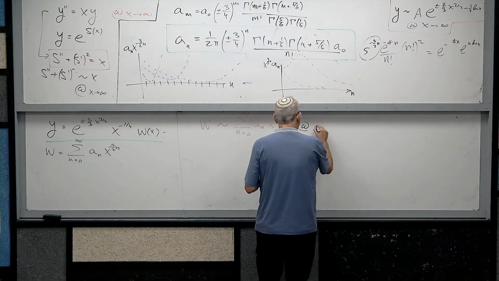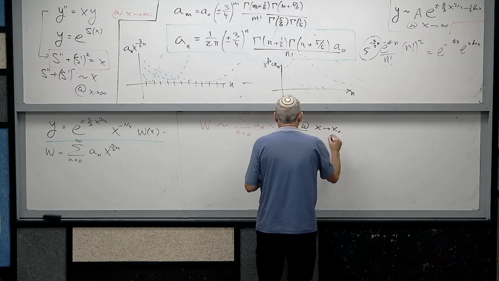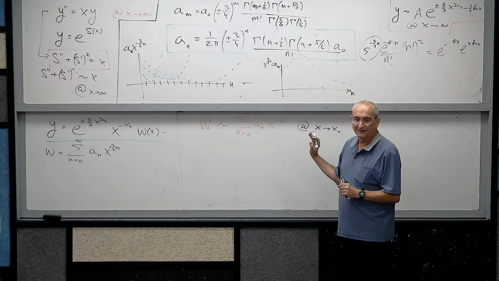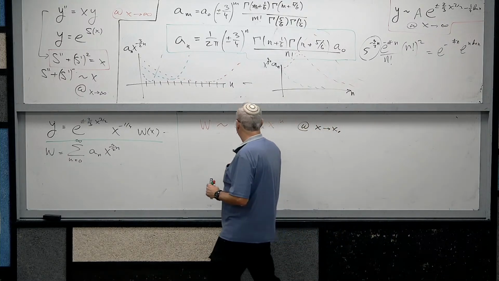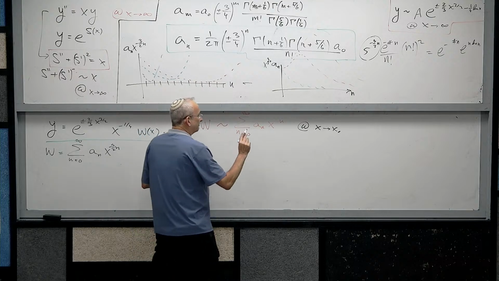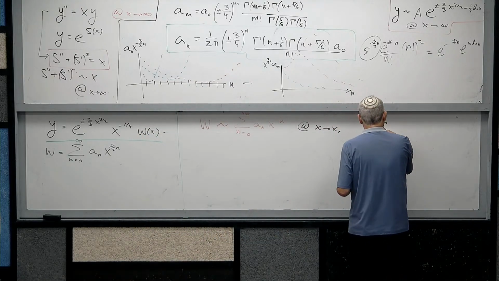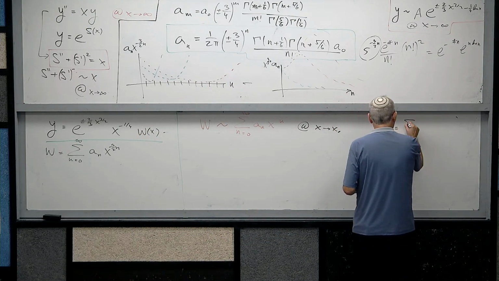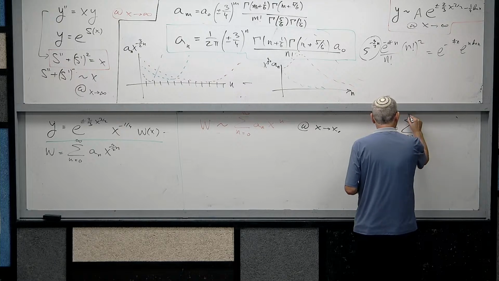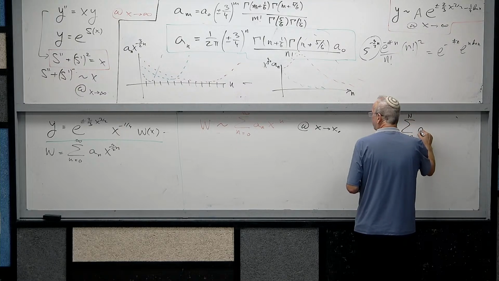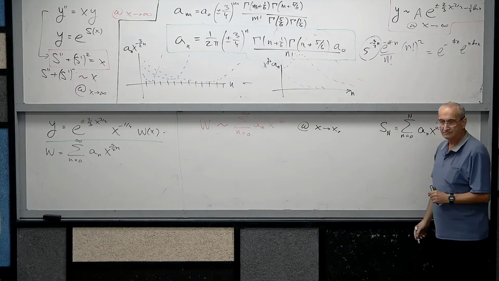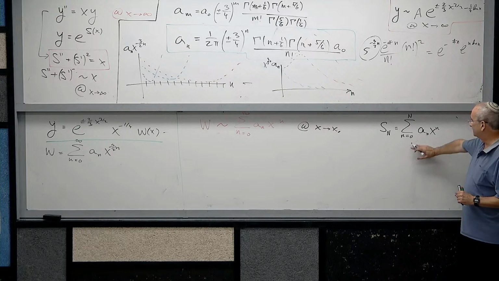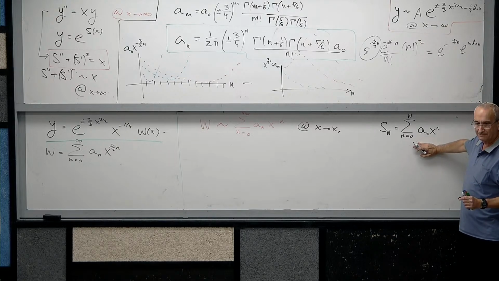Again, asymptotic means as x goes to x naught. What does that mean? First of all, let's define S_N as the sum from n equals 0 to N of a_n x to the n. What is that? The partial sum.